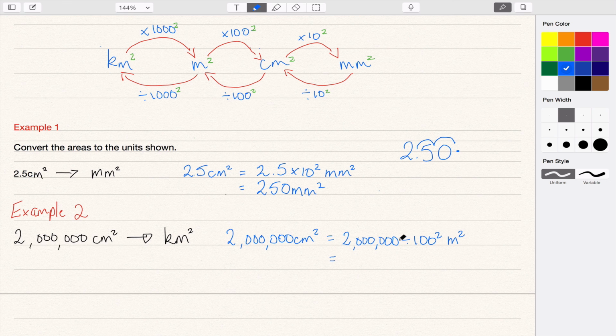If we're dividing this, look, decimal points here. Dividing by 100 squared is going to get us 1, 2, 3, 4 decimal places. So we're going to end up with 200 meters squared. Now to change square meters into square kilometers, we need to divide by 1,000 squared.